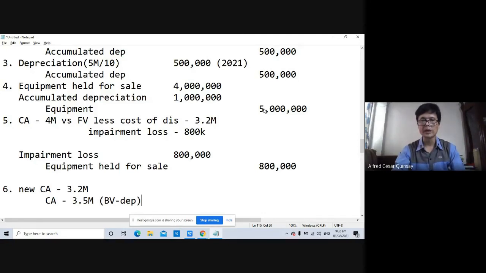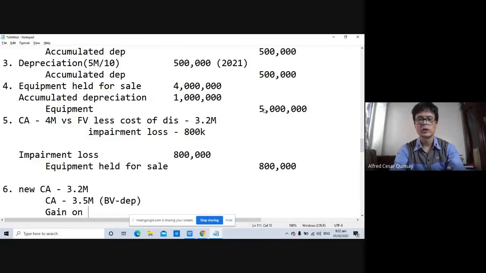Okay? So pagkukumparahin natin yung 3.5 saka yung 3.2. Yung 3.2, ito na yung carrying amount per book, kasi nga 'di ba nagkaroon tayo ng impairment loss. So meron tayong loss ngayon, no. Since naka-recover tayo, naging 3.6, no. Okay, so meron tayong gain, nagkaroon tayo ng gain, okay?